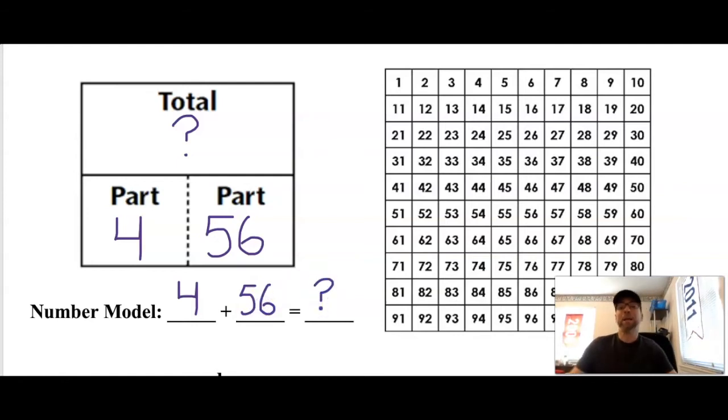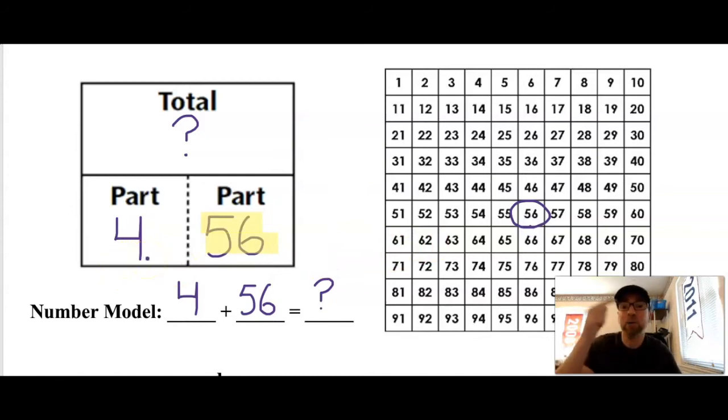Now I can use my number grid for this problem, but there's really something that you must do that's important. One really important strategy is to always start adding with the bigger number. My bigger number is 56, so I'm going to start at 56, and then I'm going to add the other number, which is 4.